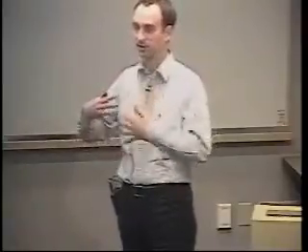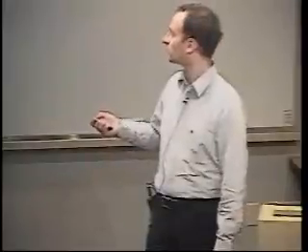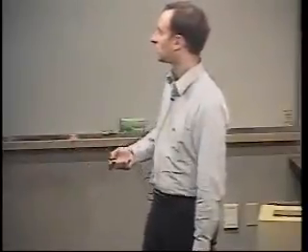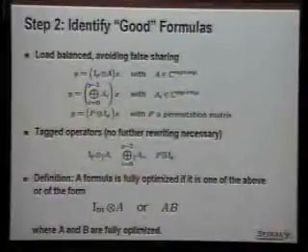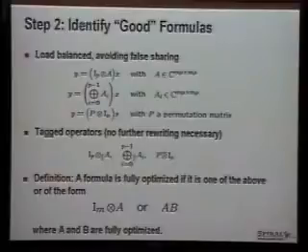So there is nothing happening inside a cache line, but only cache lines are shuffled around. So these are all nice. Whenever we find one of those, we can tag the operator to tell the system, well, we're done. That means that is already nicely parallelized. Now, starting from these constructs, we can define a formula as fully optimized for shared memory if it contains only these objects, products of these objects, or tensor products of this form.